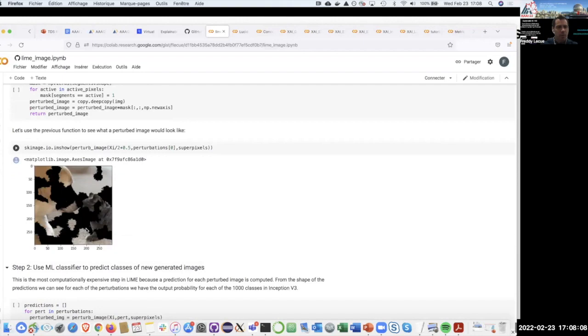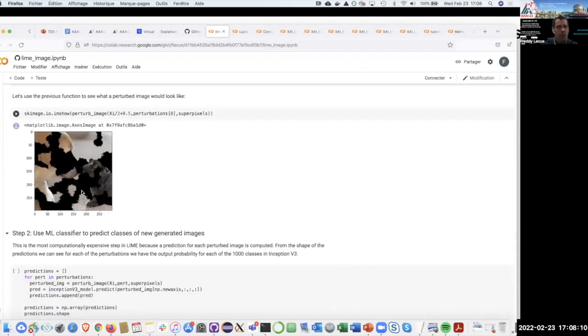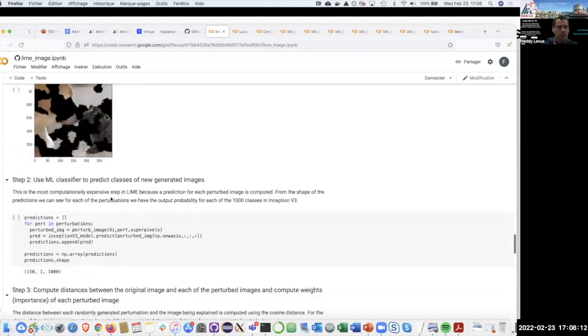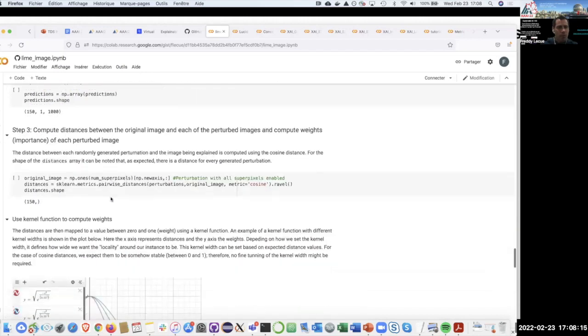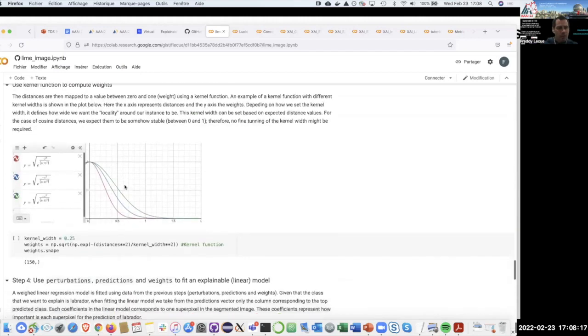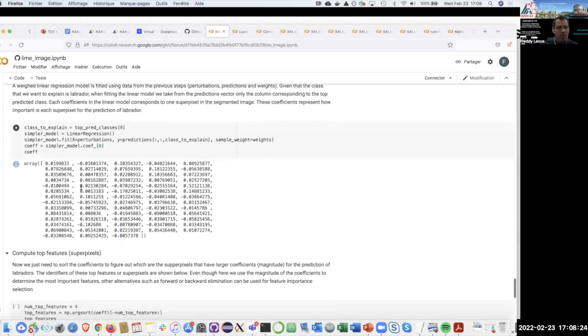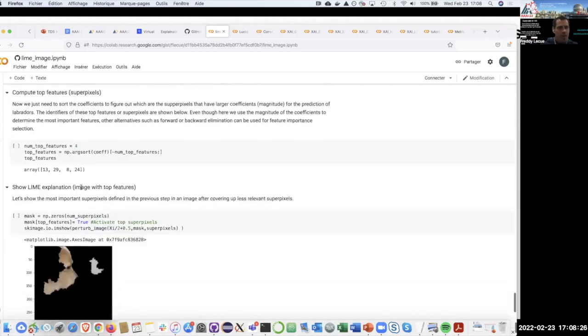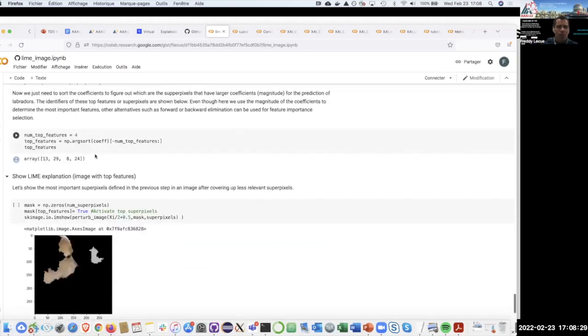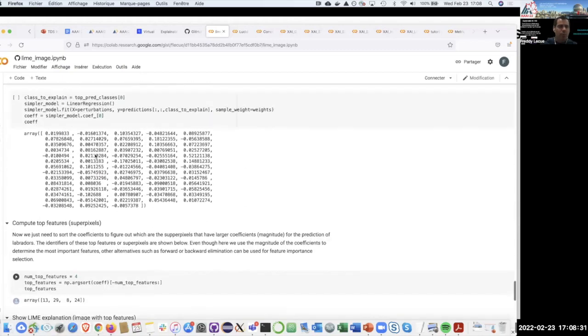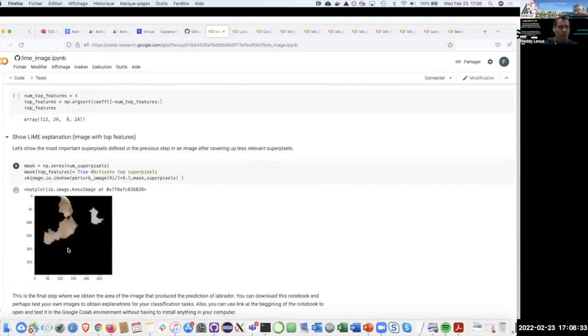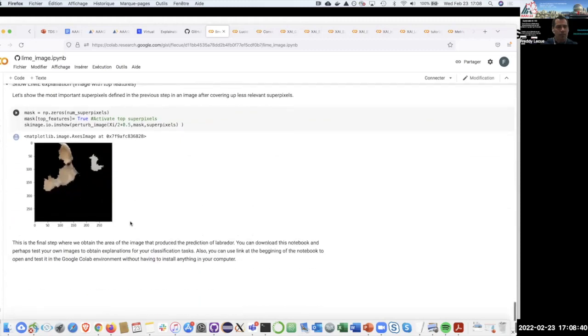Here is an example of the picture where you remove parts and then you analyze the predictions. You get the different classes and the different scores. Because you do different combinations, at the end you pick the one that minimizes the loss of accuracy.